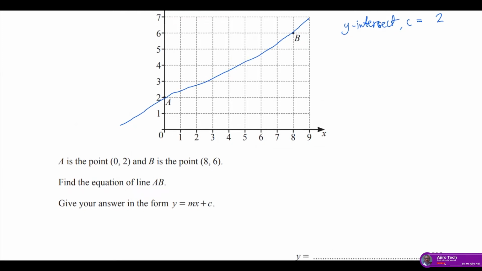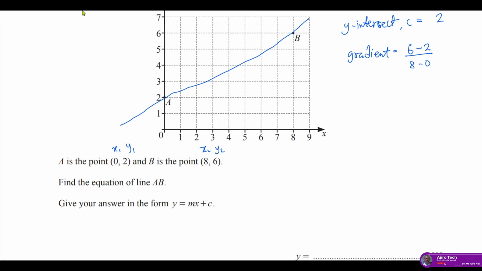Say that the gradient is 6 minus 2 all over 8 minus 0. This is y2, this is x2, this is x1, y1.